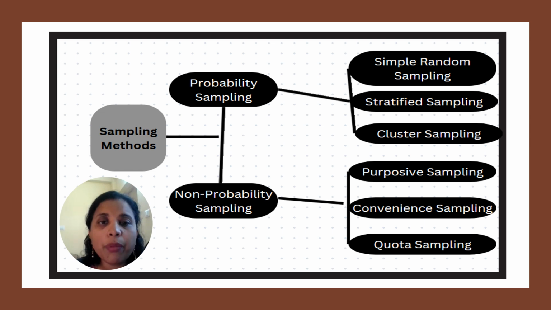Again I repeat, probability sampling is where you have assurance of covering the whole population, and non-probability is where the researcher is unsure whether they will be covering the whole population or not in the study. Probability sampling has three methods: simple random sampling, stratified sampling, and cluster sampling.